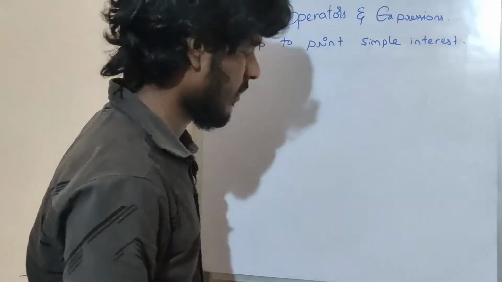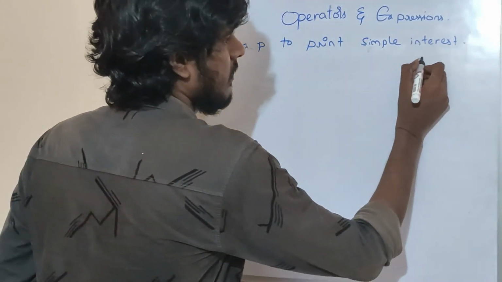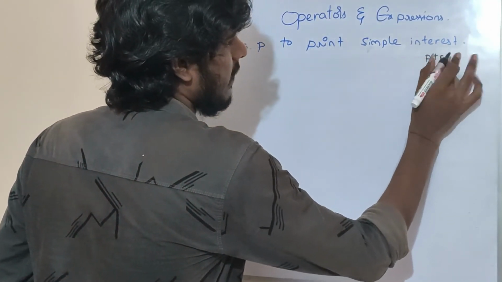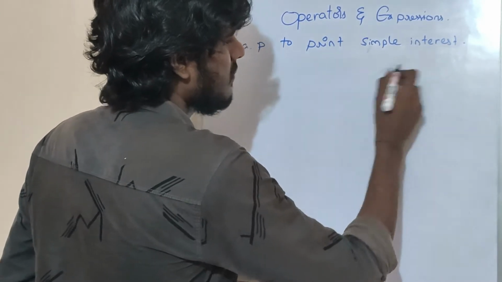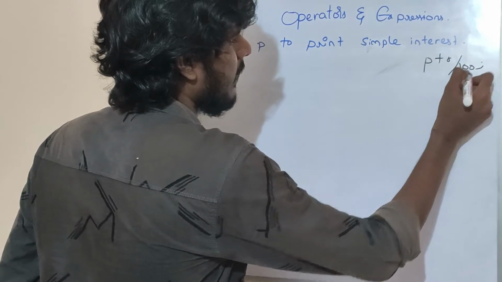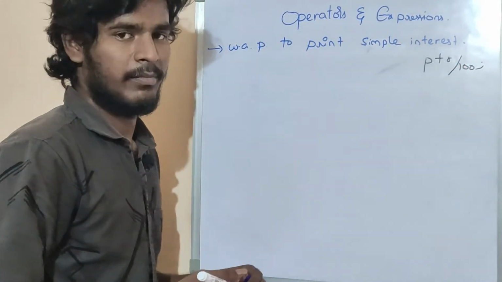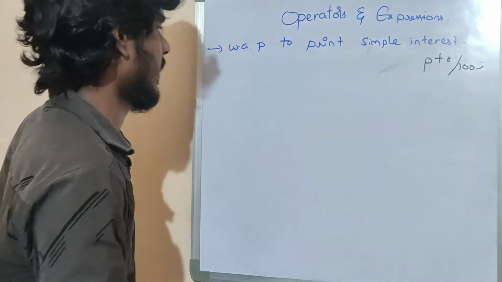Okay, what is the formula for simple interest? It's PTR by 100. What is the name of P? Principal, time, rate of interest. Okay, let's see.